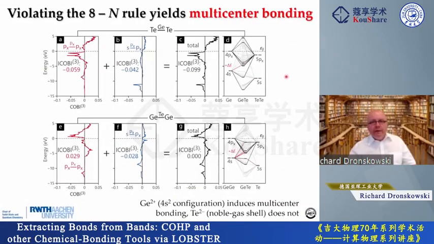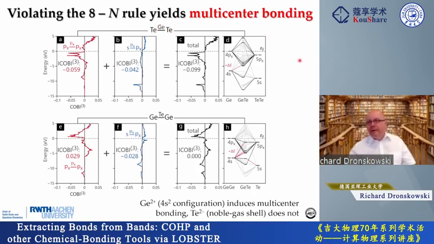So we look into germanium telluride, and we look at different kinds of chemical bonding. Of course, first look at 2-center bonds, but this is trivial. And now we look at 3-center bonds, a bonding between tellurium atoms that are mediated through germanium. So it's a tellurium, germanium, tellurium interaction.